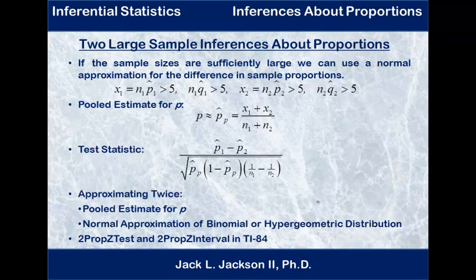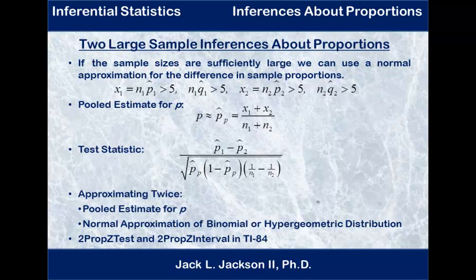Now, to do this, we also need to estimate the population proportion. And of course, we don't know the population proportion. And so what we're going to do is use a pooled estimate. We add the two numbers of successes for the numerator, and we add the two sample sizes for the denominator.